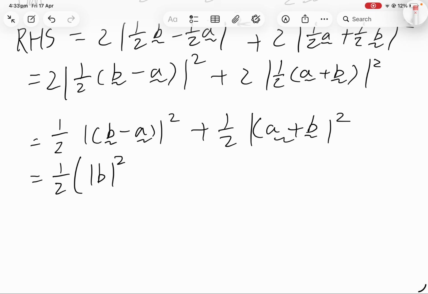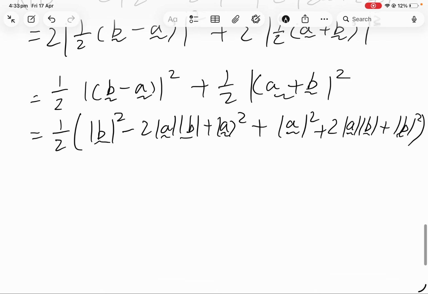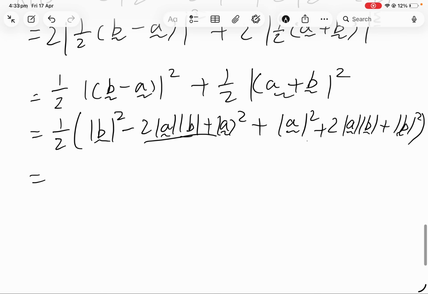We can take the half from both of them and put them outside. Take minus 2ab plus a squared, and we can just add it from here. That becomes a squared plus 2ab plus b squared. So the middle ones, these two, will cancel out.